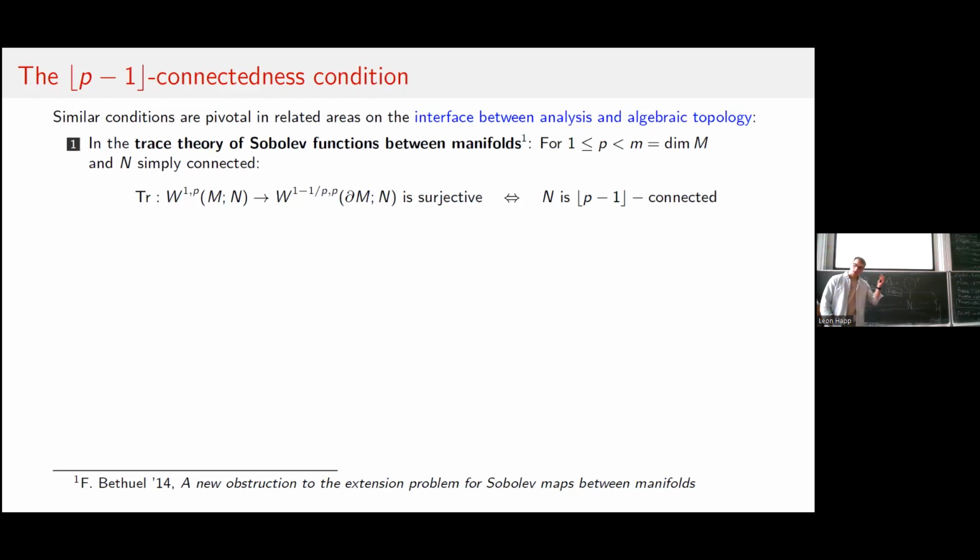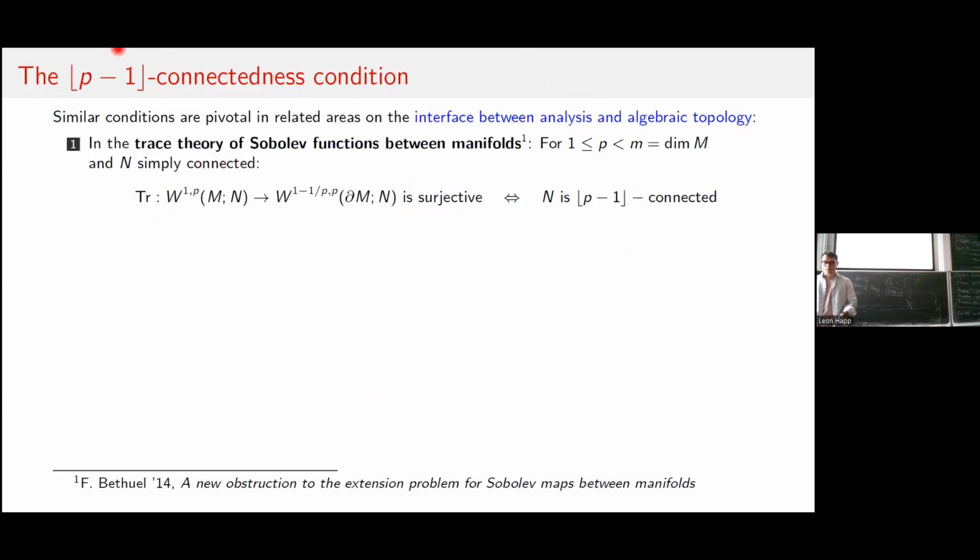For example, if you look at Sobolev functions between manifolds, as I told you before, in the setting where p is between 1 and m, and n is simply connected, then the trace operator is surjective exactly if n is p minus 1 connected. So what we've shown is that for our extension operator, this condition is also sufficient. The necessity is still open.